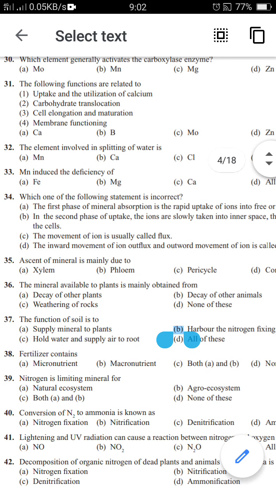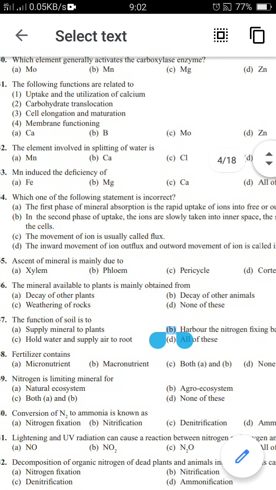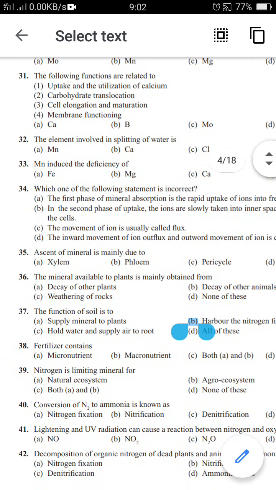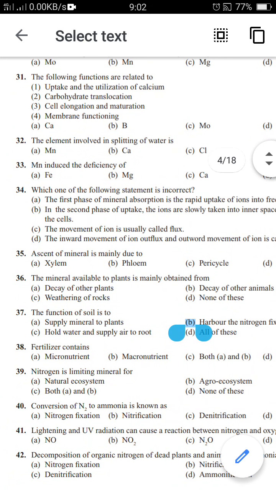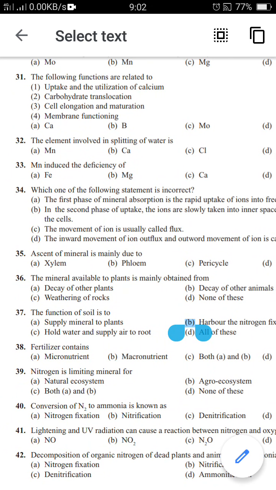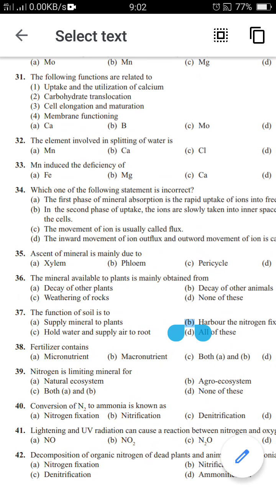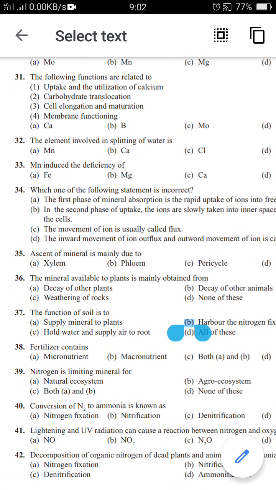Option A Ca, option B B, option C Mo, and option D Zn. So the correct answer for this question is option B, B only, for carbohydrate translocation. So here students, let us see one important point.